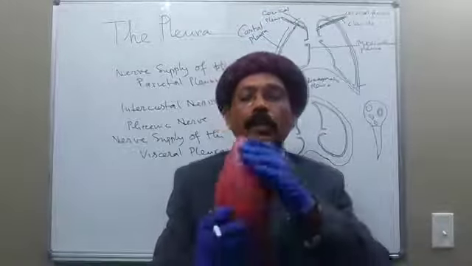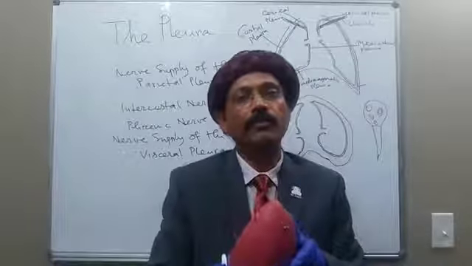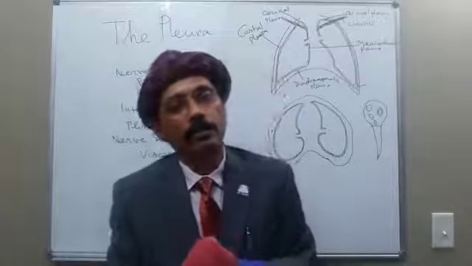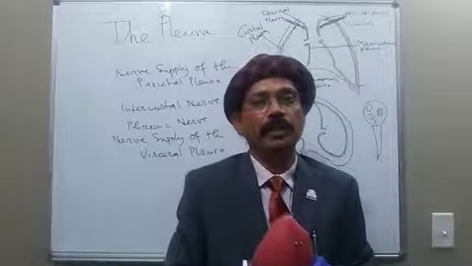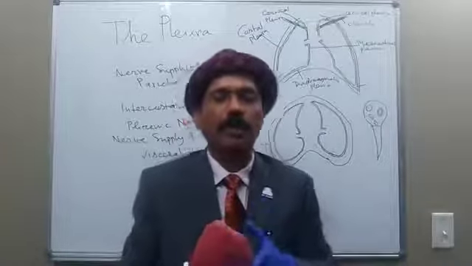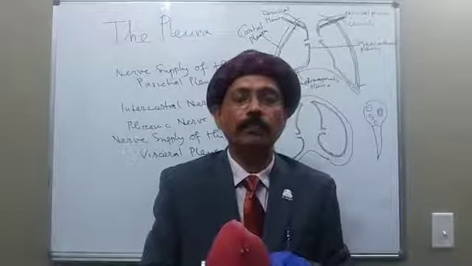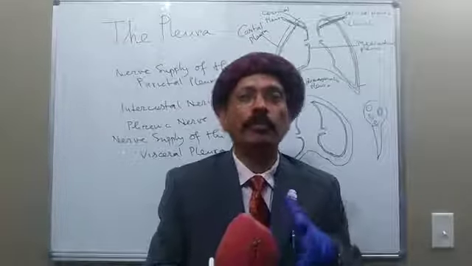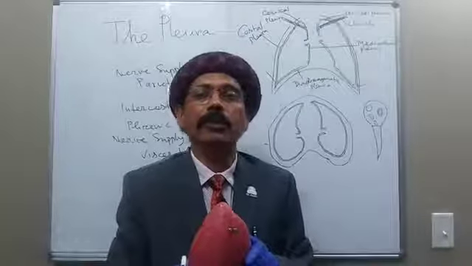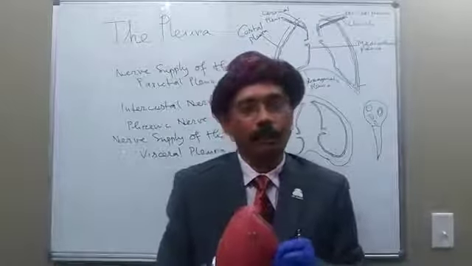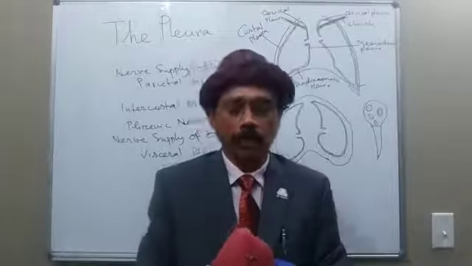Okay, the visceral pleura is not pain sensitive, but it responds to stress, and it is supplied by the sympathetic innervation, so it will respond to vasomotor action of the sympathetic supply, plus some physiological reflexes by the vagus nerve.